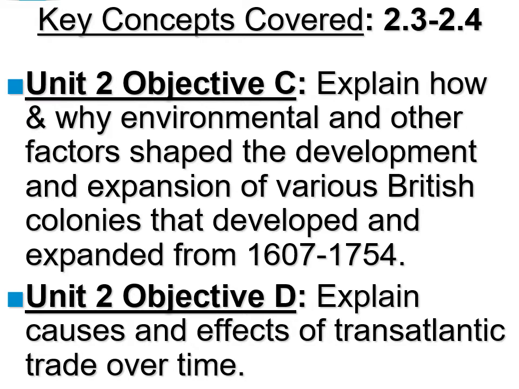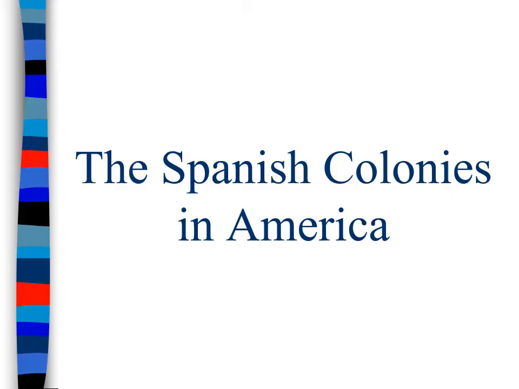And we're going to see differences in general today between the different European nations that we'll be looking at colonizing North America. We'll start with the largest, most expansive in the New World in North America, Central America, and South America, the Spanish colonies. We'll look at New Spain first.